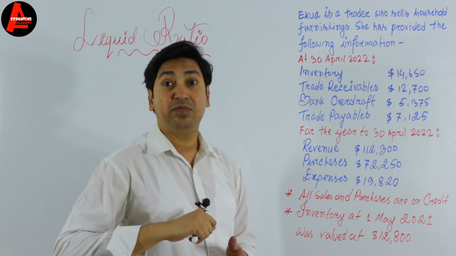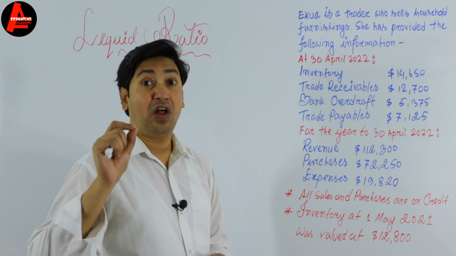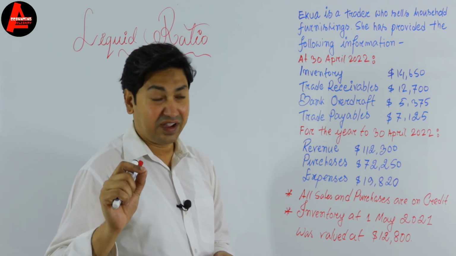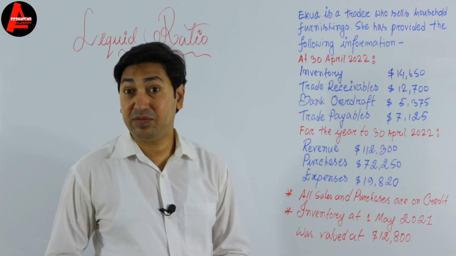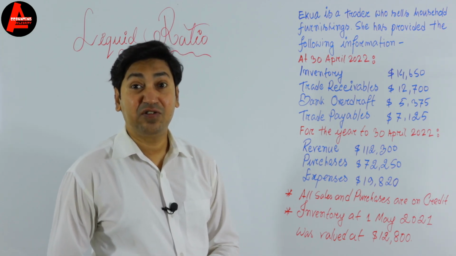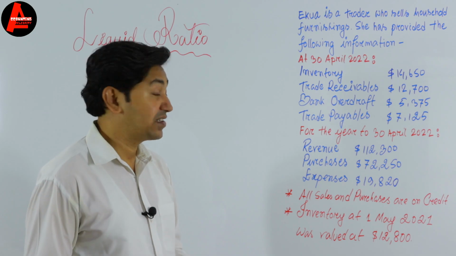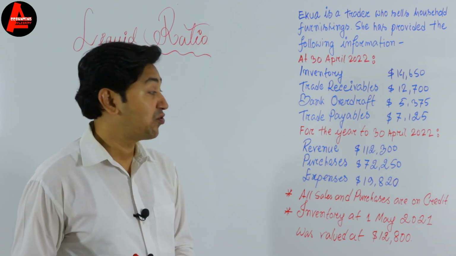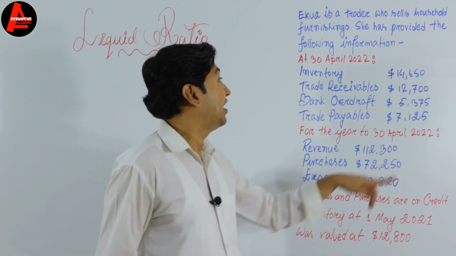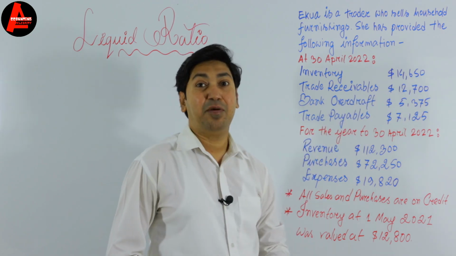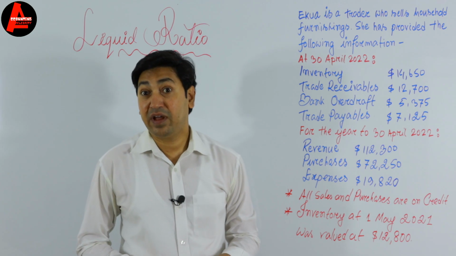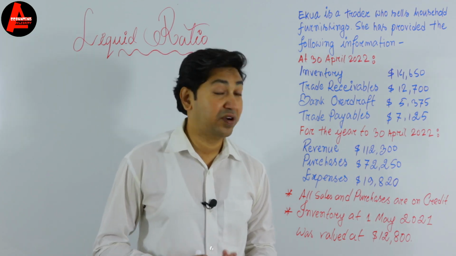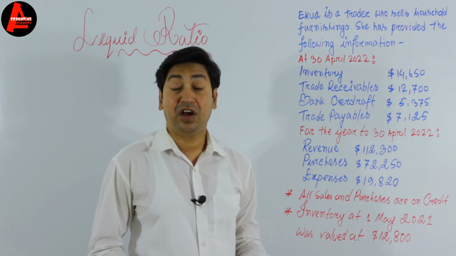When you prepare a trial balance, you include only the opening balance. But when you calculate current ratio, quick ratio, acid test ratio, whatever, you write only the closing inventory amount. I have many lessons on the trial balance; you can watch them to understand inventory on the trial balance.